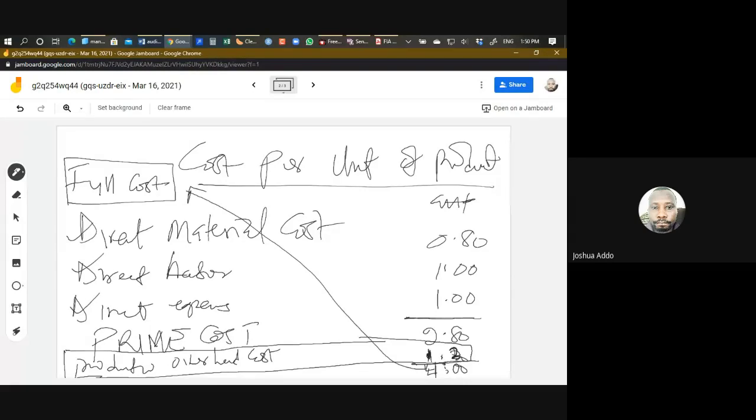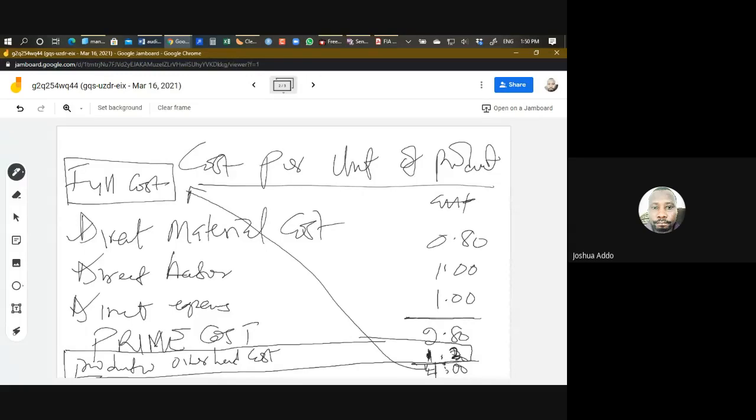And it is based on this full cost that you will load your expected margin. So let's say the product costs 4 cedis to produce. And company policy is, let's say, 20% profit requirement.